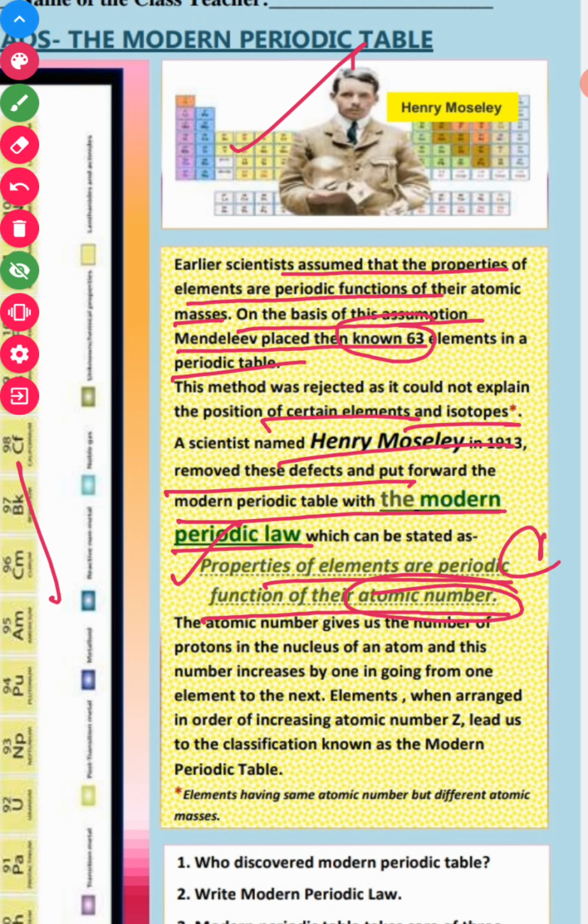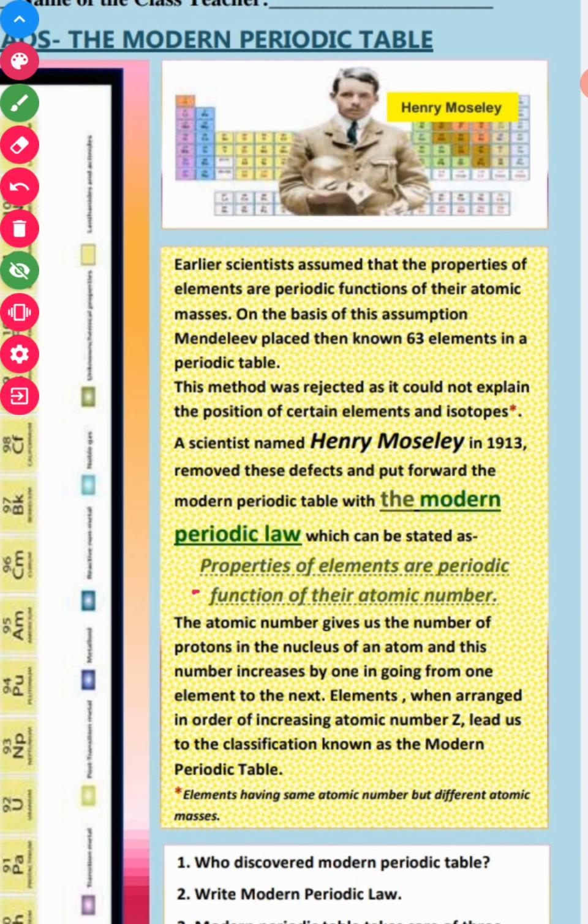Now the question arises, what is the basis of the modern periodic table? The answer is, the properties of elements are a periodic function of their atomic number. The atomic number gives us the number of protons in the nucleus of an atom, and this number increases by one in going from one element to the next.